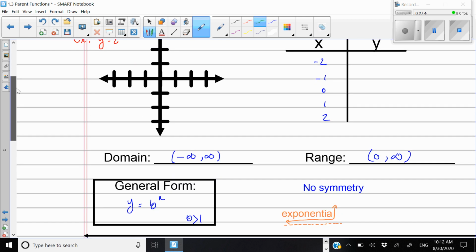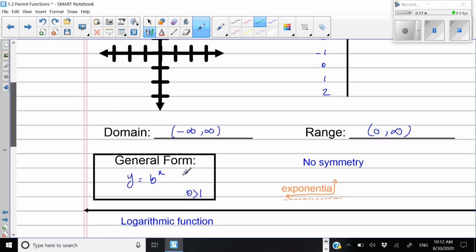Exponential function, the equation looks like y equal to b to the power of x. And this value of b should always be greater than 1. Why? Because let's try that. If I have, instead of b, I put 1 to the power of x. No matter what my x is, 1 to the power of anything is always equal to 1.